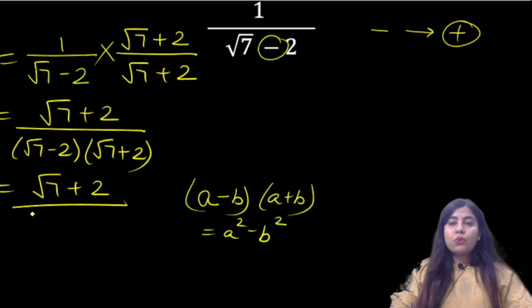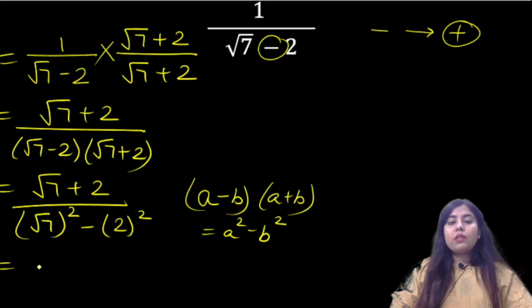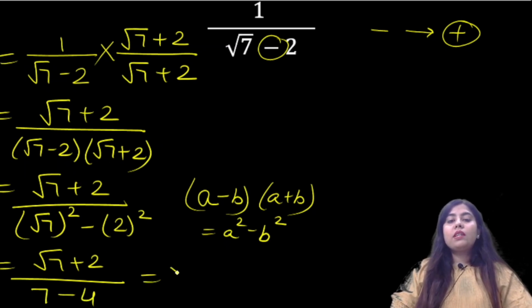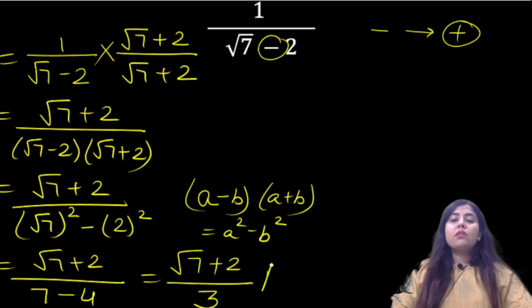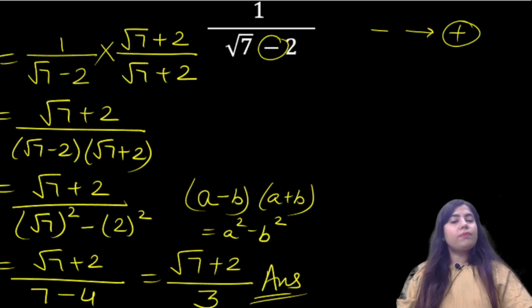Here a is root 7, so we have to write root 7 square minus b is 2, so 2 square. It is equals to root 7 plus 2 by root 7 square is 7 minus 2 square is 4. So it is equals to root 7 plus 2 numerator as it is by 7 minus 4 is 3. So this is our answer. Clear?